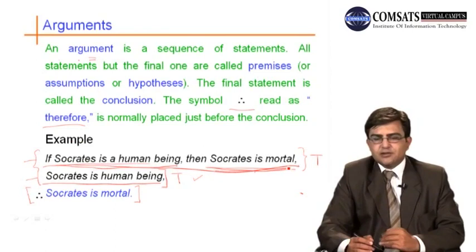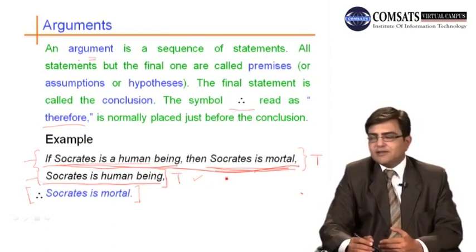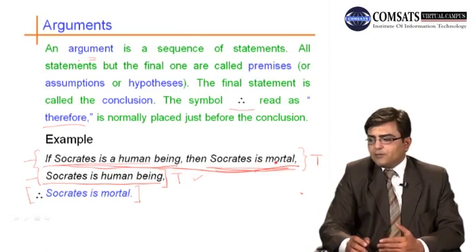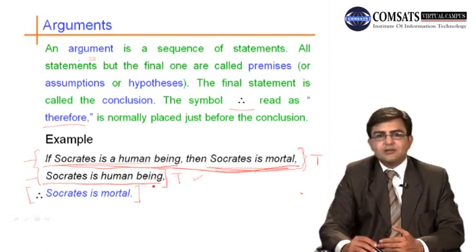No matter what the truth values of these individual statements are, by considering the first premise true as a whole and the second premise also true, we draw the conclusion that Socrates is mortal.